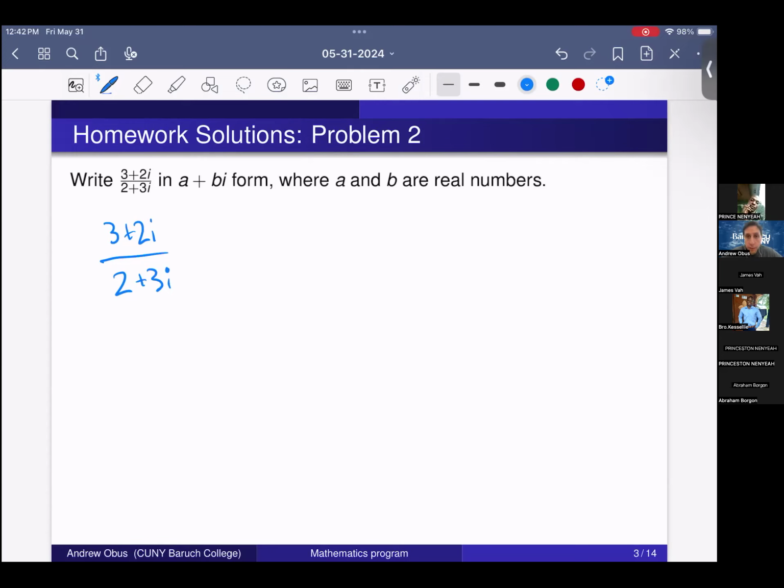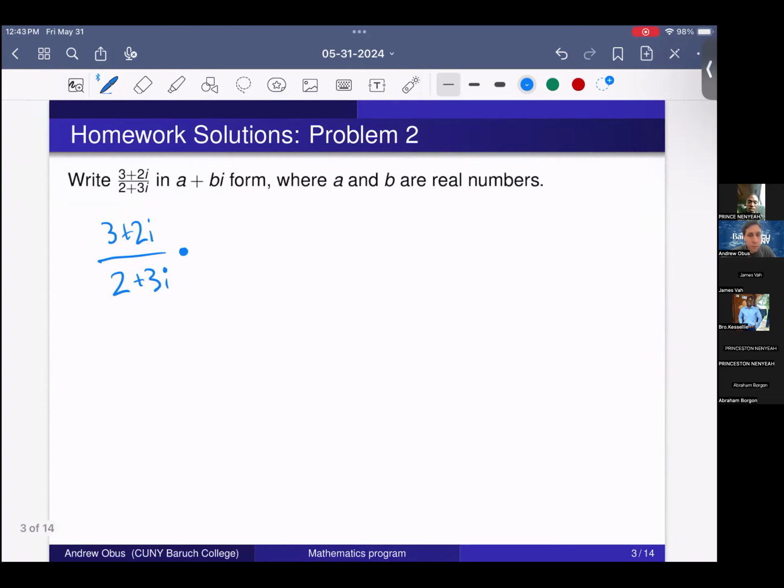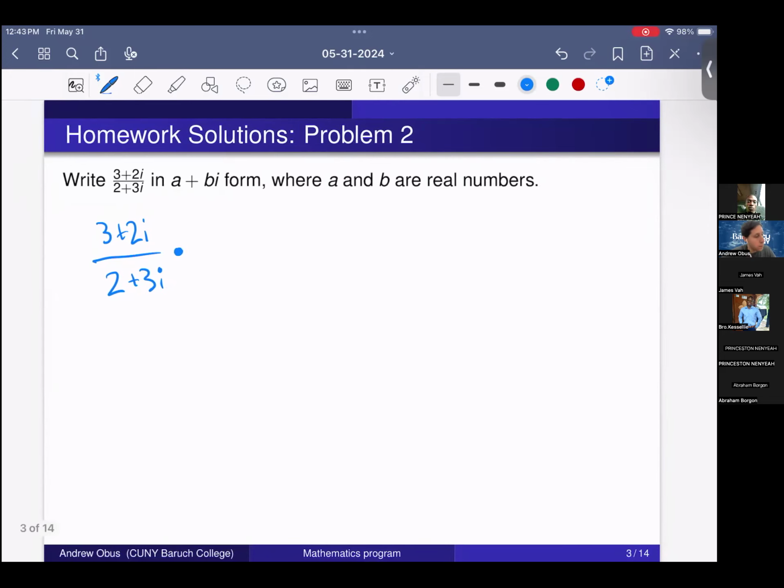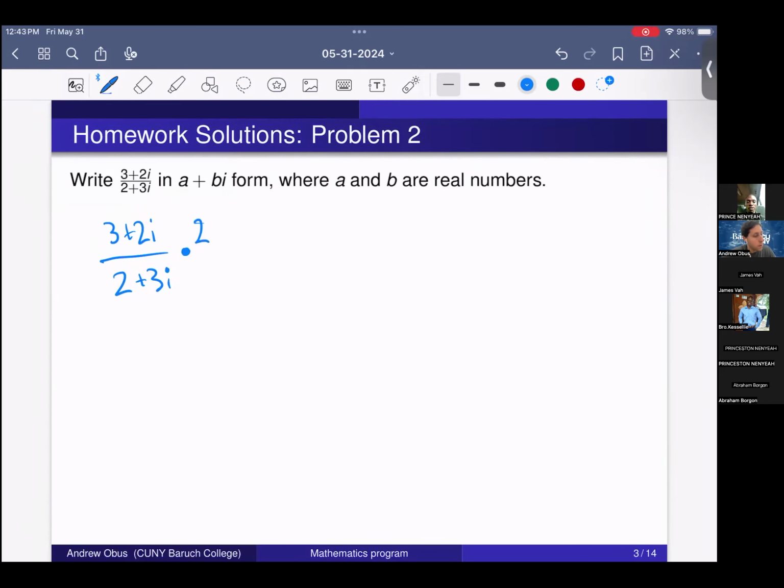Yes, Prince? We look at this fraction and rationalize the denominator. So what do we multiply by? Remember, we have to do the opposite, so we use the conjugate.